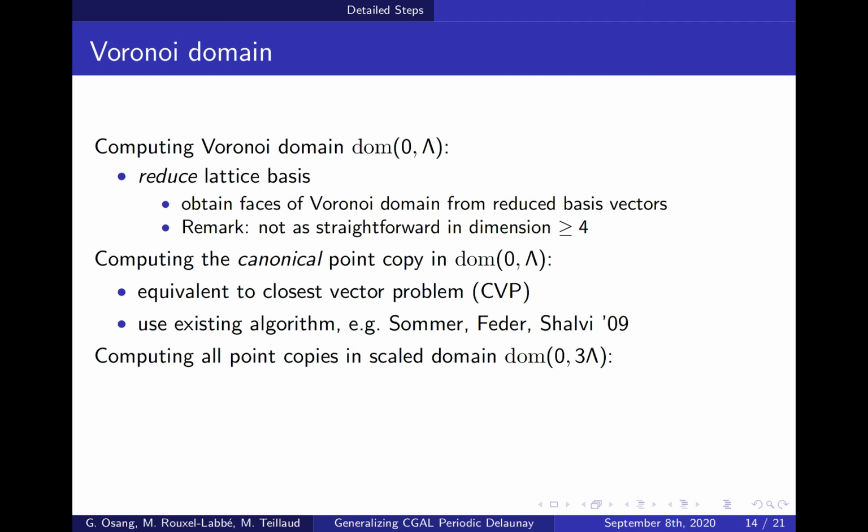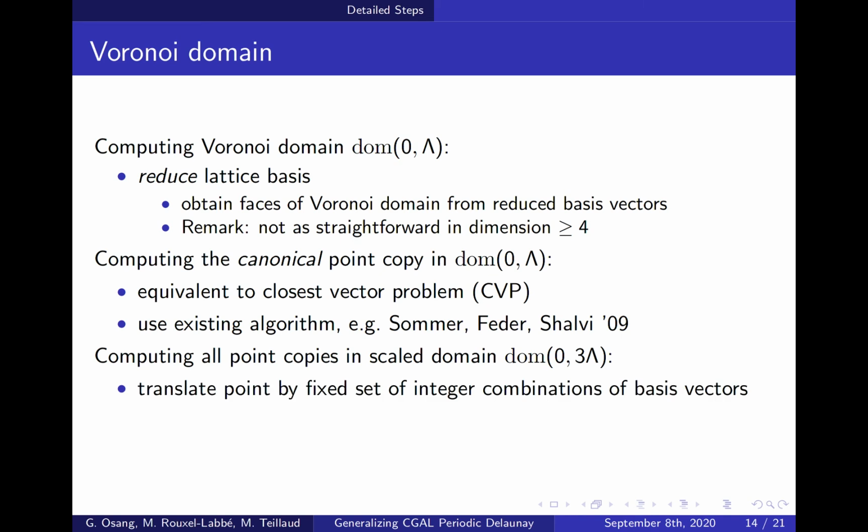And then, of course, we don't just want the point that is in the domain, but we want all the points that are in the scaled Voronoi domain, scaled by a factor of 3. So how do we find all the point copies that are within there? Well, it turns out we managed to show that there's a fixed set of integer combinations of these basis vectors which actually don't depend on the lattice.